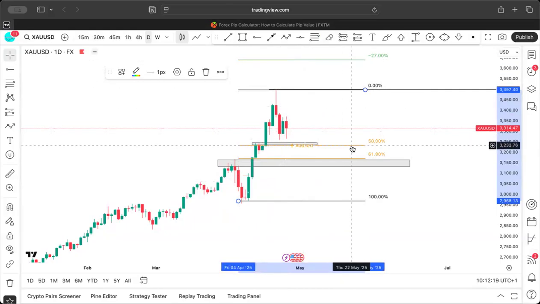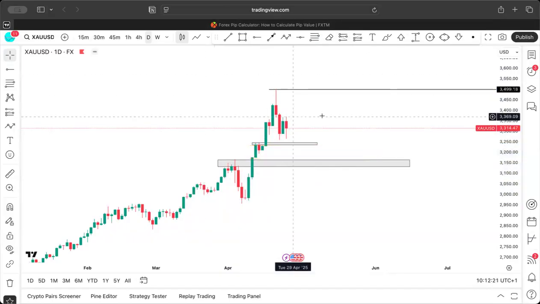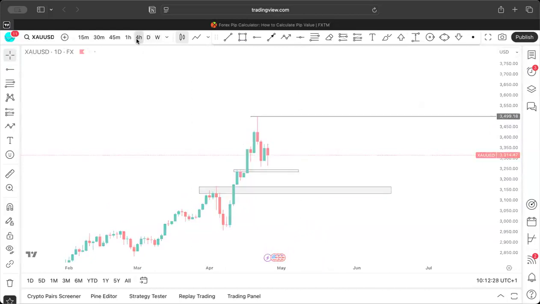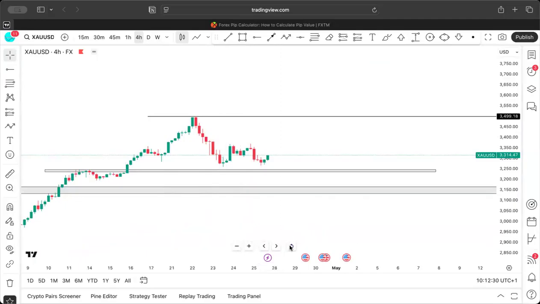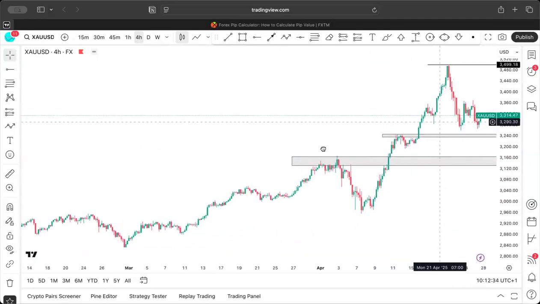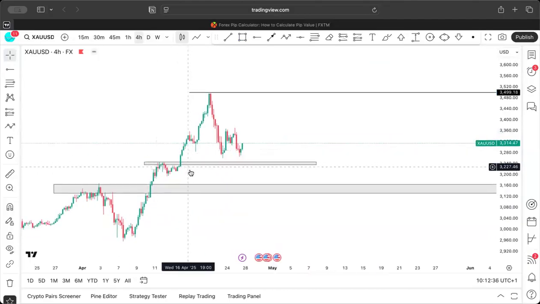Now that we've established our major structural levels on the daily time frame, let's quickly head into the 4-hour time frame to see what the 4-hour is doing. So on the 4-hour time frame, we can clearly see that yes, there is also a level here.